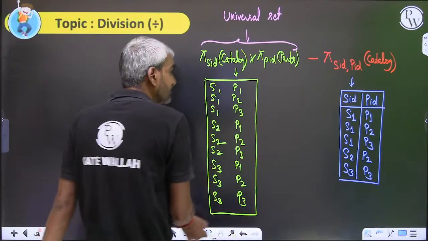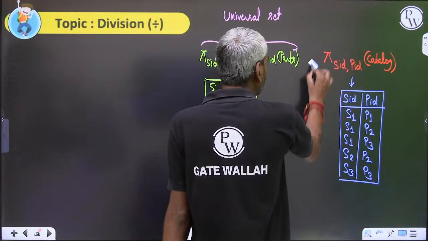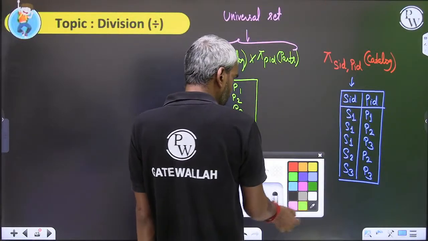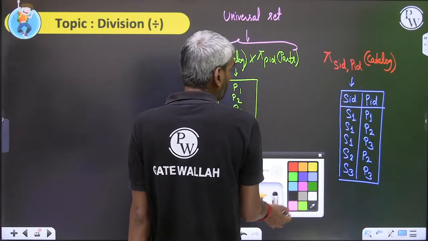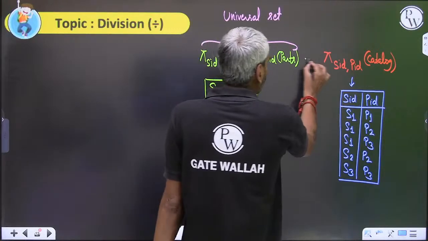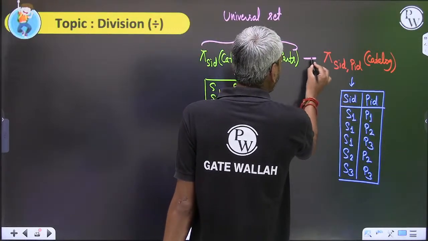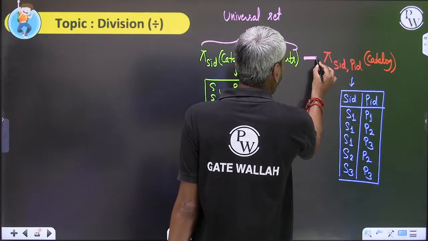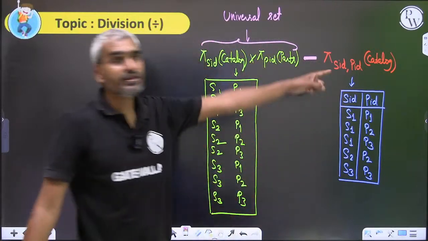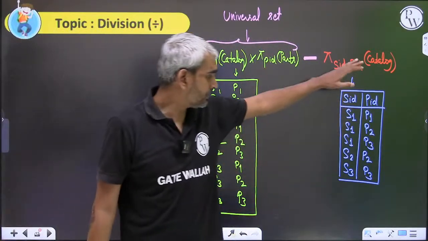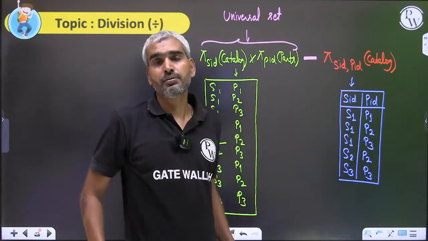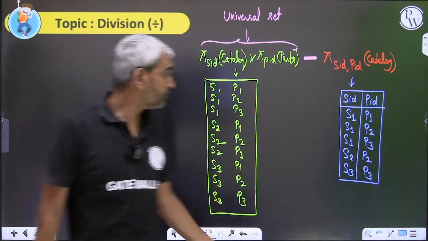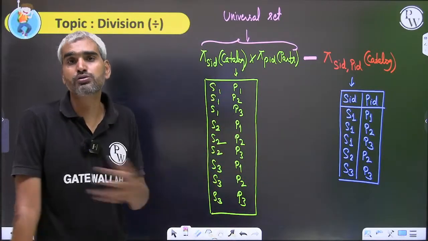Now the idea is, after this subtraction, what will be the result? If you subtract the actual information present in the catalog table from the universal set, what are you actually trying to do?